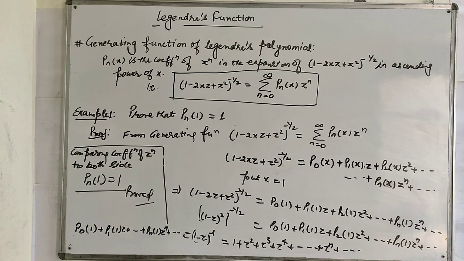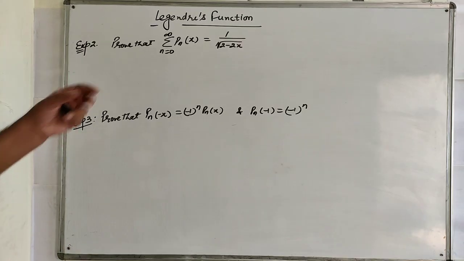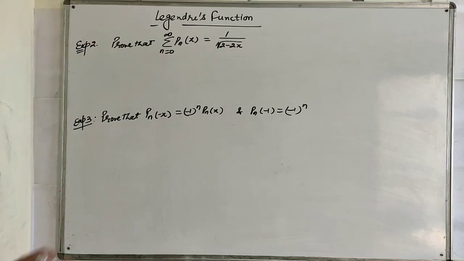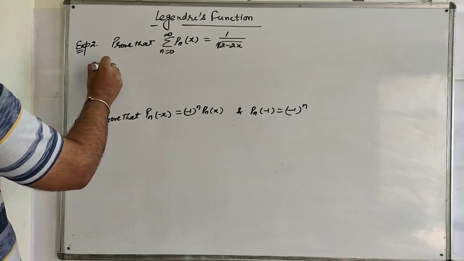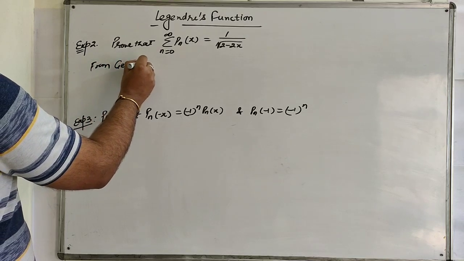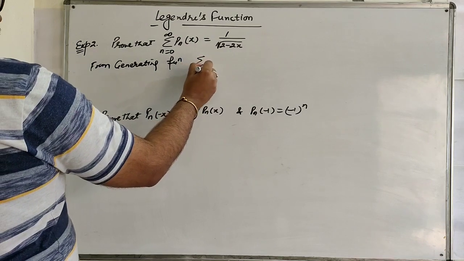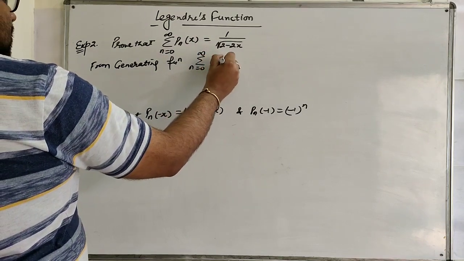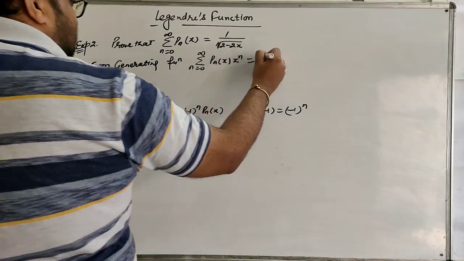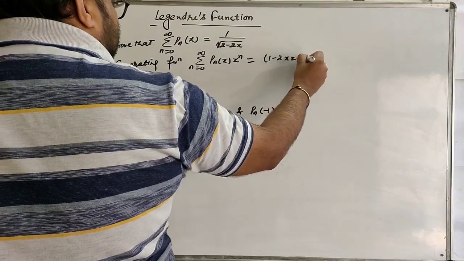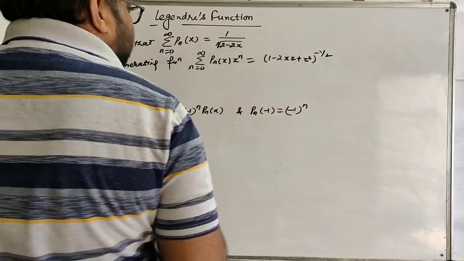Now moving on to the next example. Example number 2 is prove that sigma n equals 0 to infinity Pn(x) is equal to 1 upon square root of 2 minus 2x. So from the generating function, sigma n equals 0 to infinity Pn(x) z raised to power n is equal to (1 minus 2xz plus z square) power minus 1 by 2.